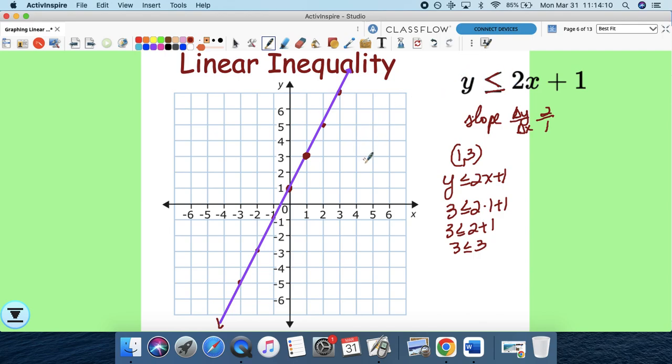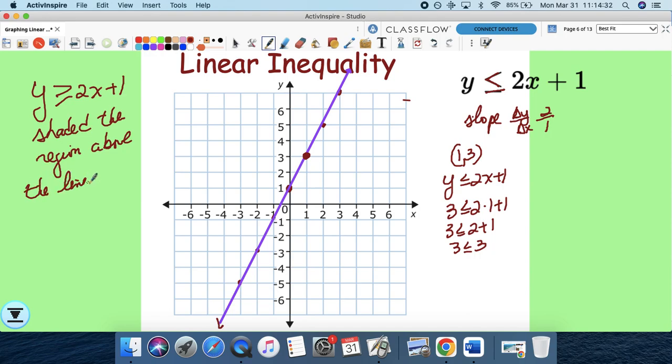And now you got to tell me which side, which region, above that line or below that line. Well, when it was greater than, let me go to the previous example, we shaded the region above the line.